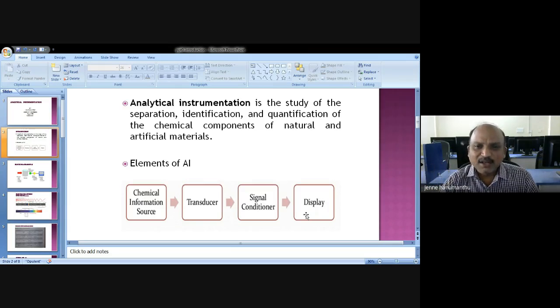So this can be done in general, so that the unknown component can be analyzed in analytical instrumentation. Clear? So these are the 4 available blocks. We can analyze the chemical component.